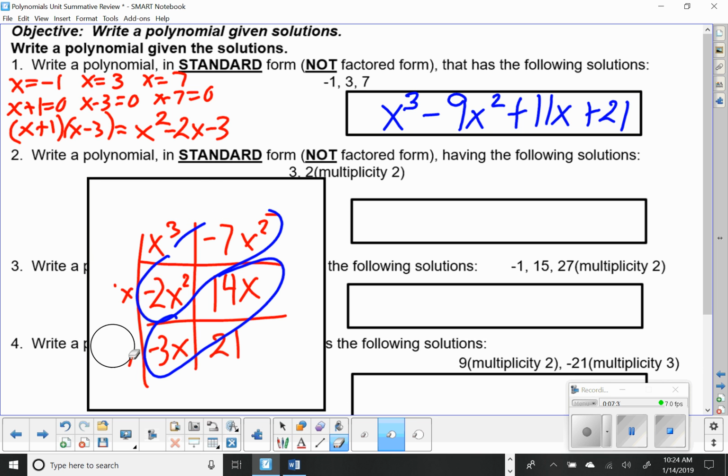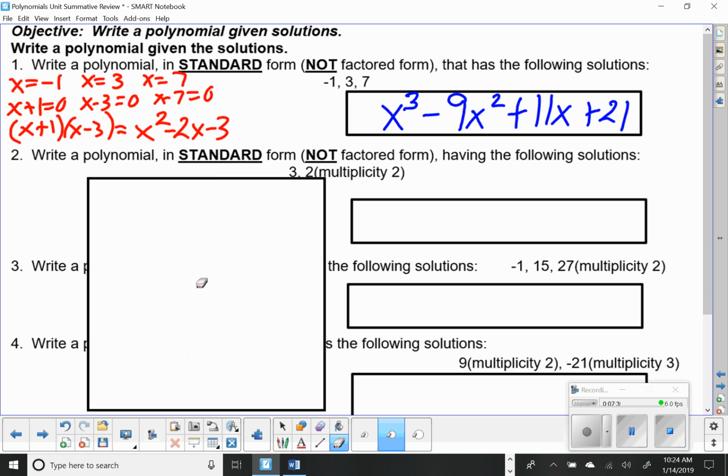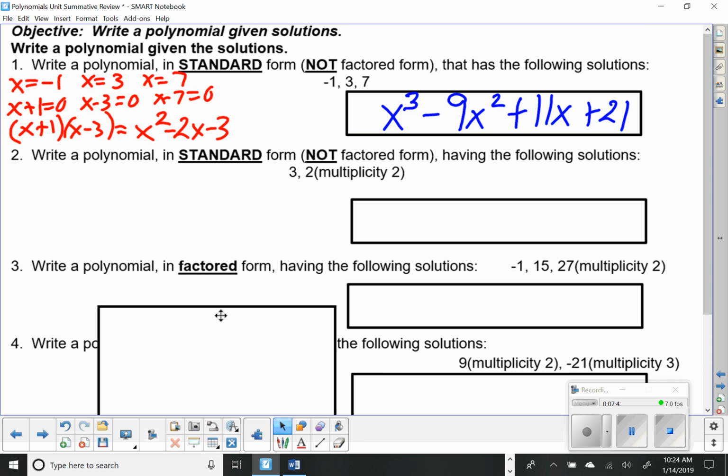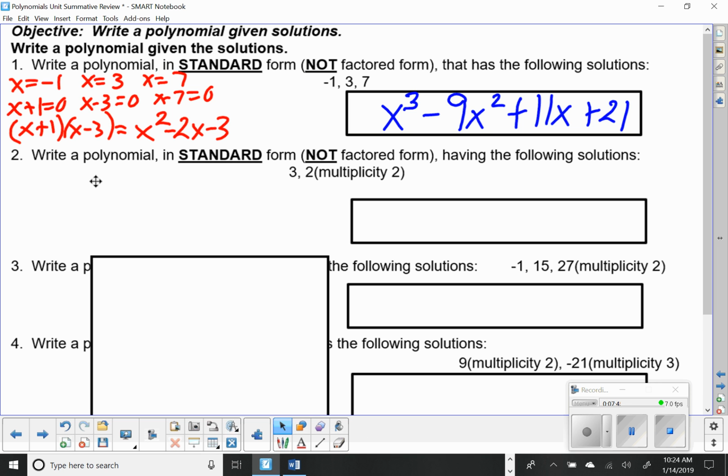I'm going to erase this guy, and I'm just going to move this guy down a little bit. Okay, write a polynomial in standard form, not factored form. But now I have x equals 3 and x equals 2.